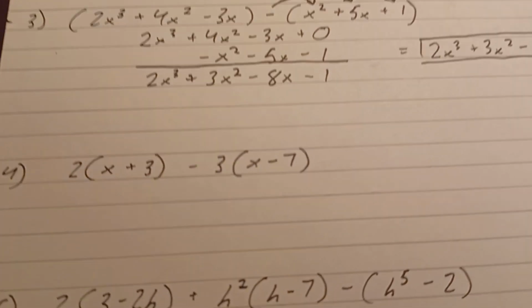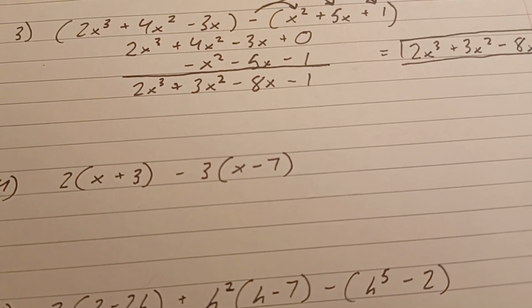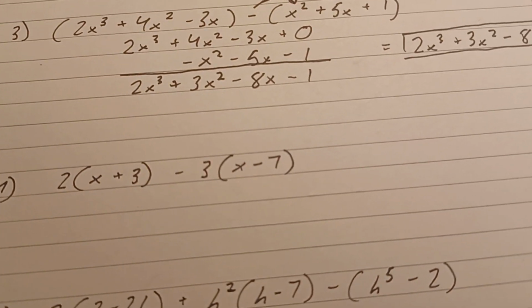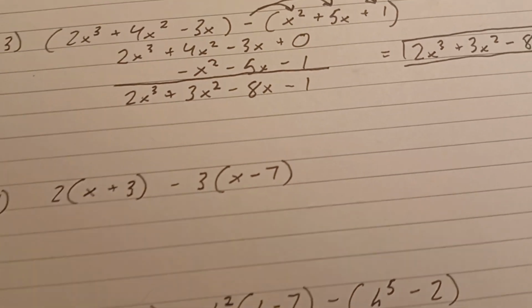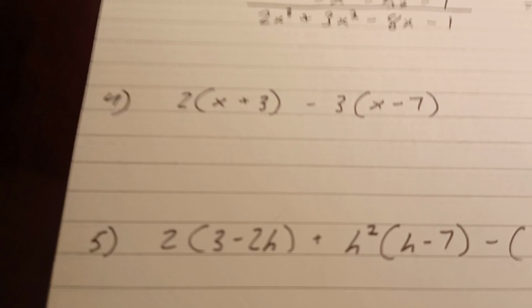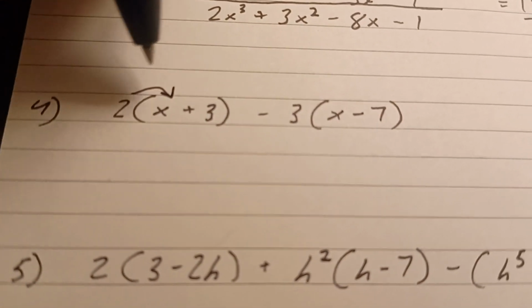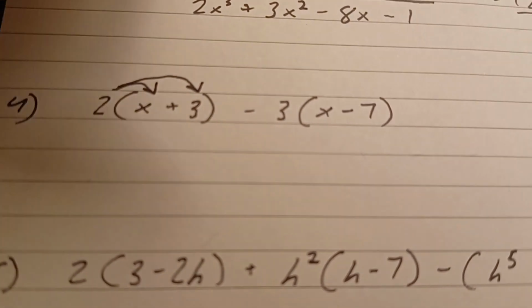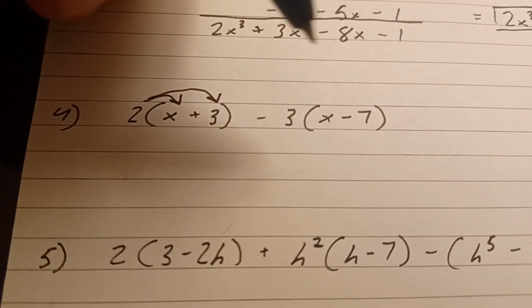Just like that. Now let's move on to number 4. We have 2 times x plus 3 minus 3 times x minus 7. Same thing, distributive property. We multiply each term by the number 2, the distributive property.